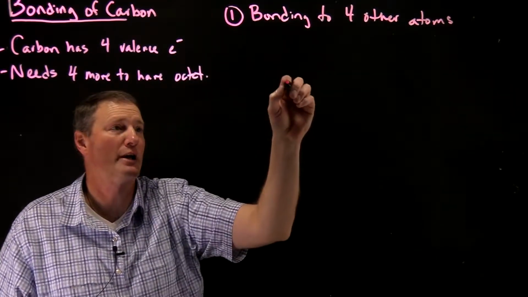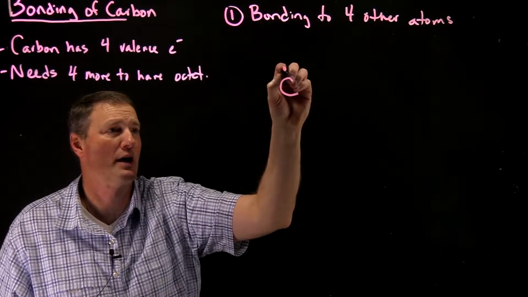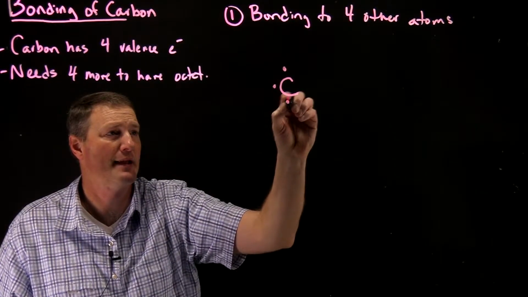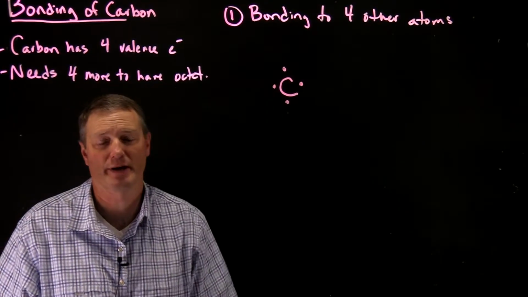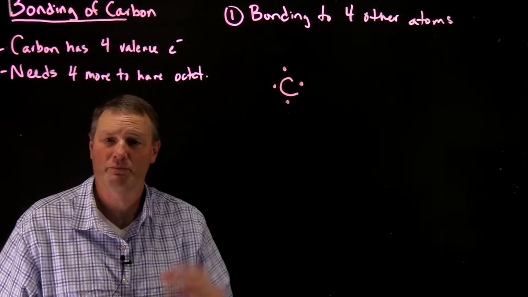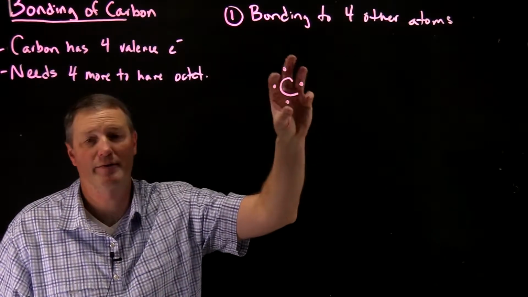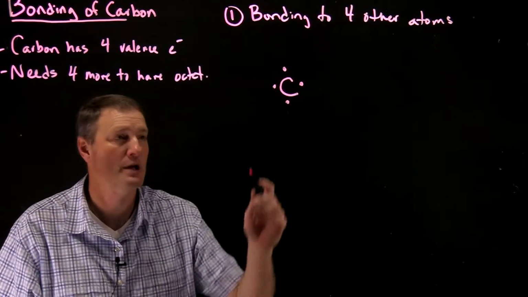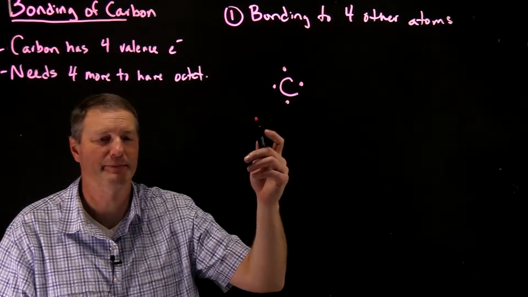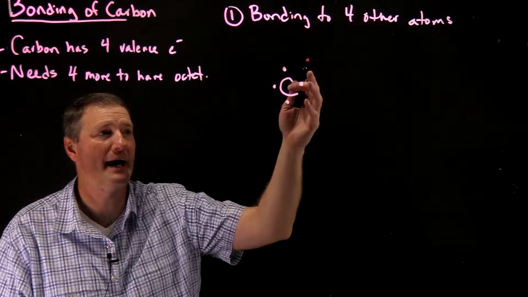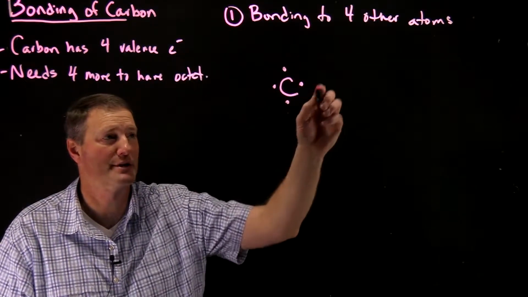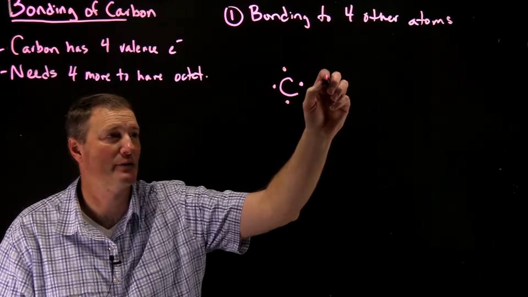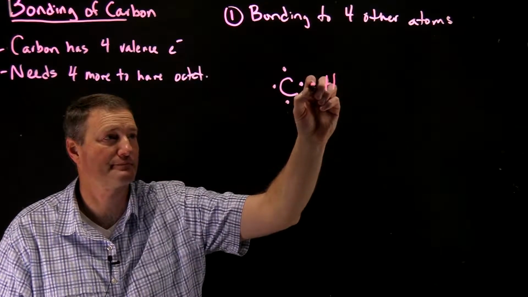So if we look at carbon and we draw a Lewis dot structure that has 4 valence electrons around carbon. Again, we need to make it so that carbon will have a total of 8 around its orbital shell. So let's just take a look at a very simple example. If we were to add hydrogens to this, so 4 hydrogens, each hydrogen is going to contain 1 electron.